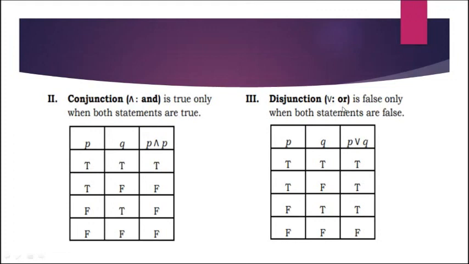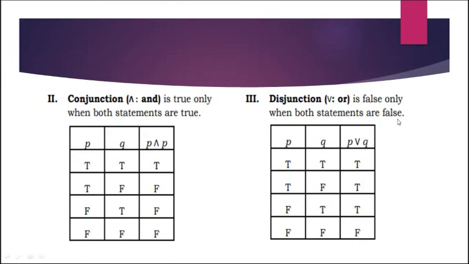We have the OR statement. So we have again two variables, P and Q. So we have 2 raised to 2, 4. 1, 2, 3, 4. True, true, false, false, true, false, true, false. It says that the OR statement is false only when both statements are false.